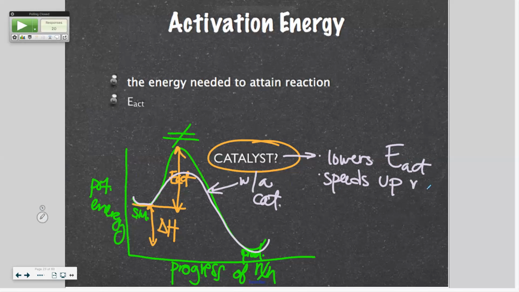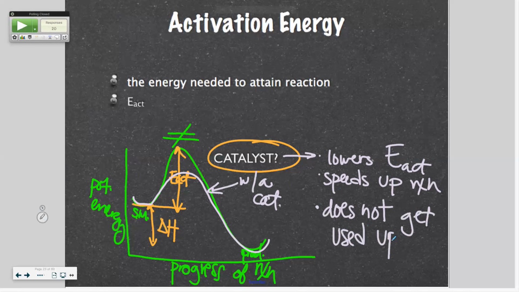Speeds up the reaction, does not, that was an M there, I know I put it, get used up. And there are different kinds of catalysts that we'll talk about as we go, okay? Are you with me so far? Okay.